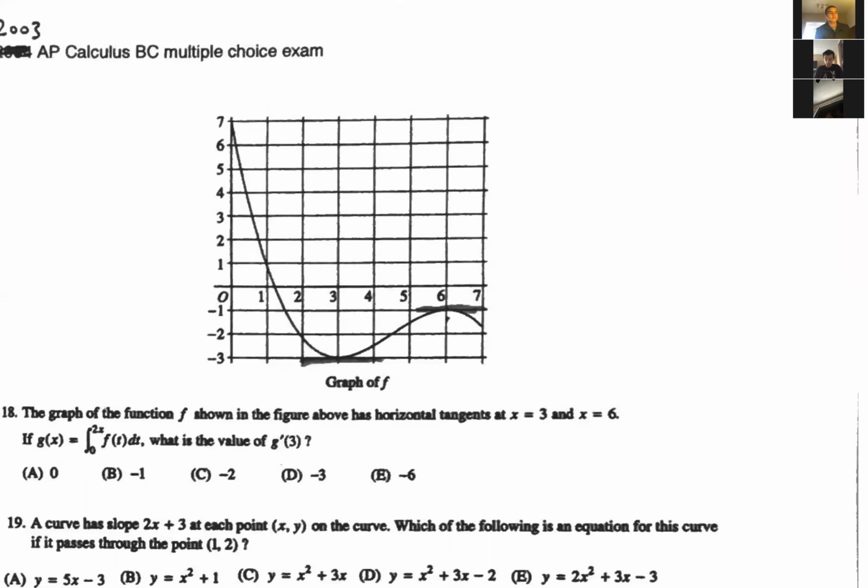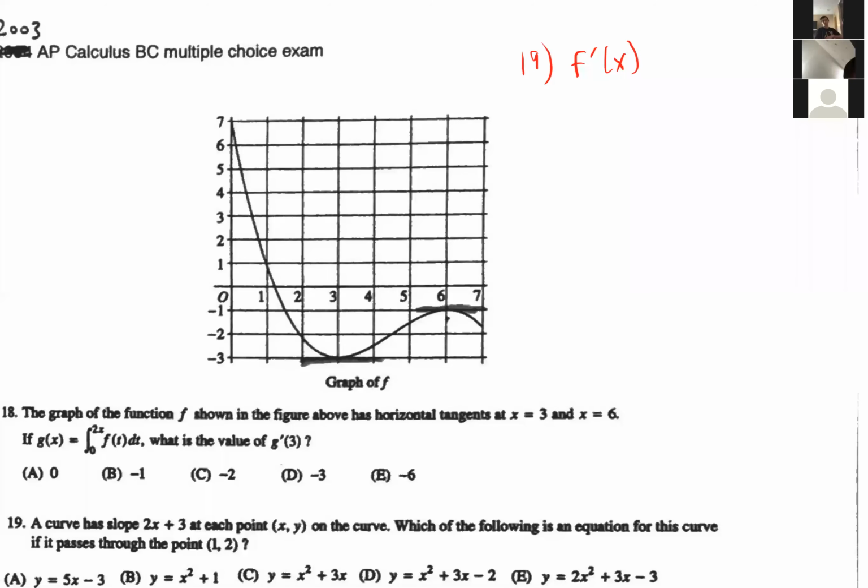Okay, so number 19, I'm going to do this one up here. On 19, it says this curve has a slope of 2x plus 3. So a slope, m, is the same as saying f prime of x.